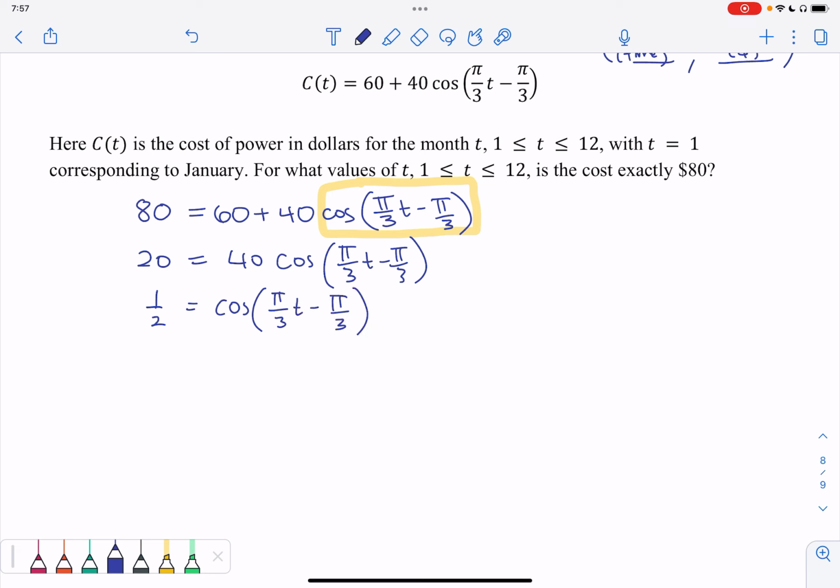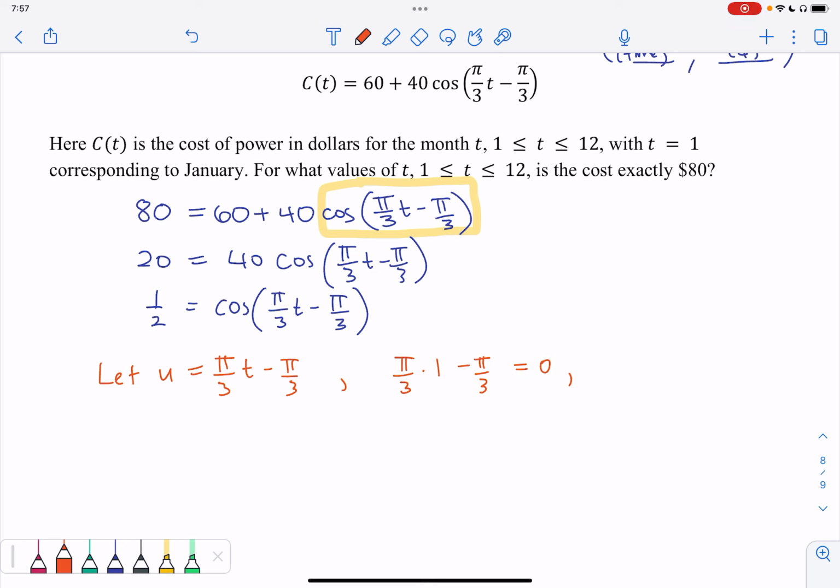Something that we can do here now is use substitution. So I'm going to say let u equal this big thing, pi over 3t minus pi over 3. And when I do that, that also changes my boundaries. It was from 1 to 12, so let's plug in 1. If I plug in 1 for the start of my boundary, I get pi over 3 times 1 minus pi over 3, which is 0.